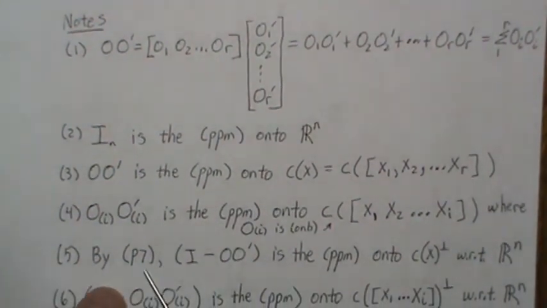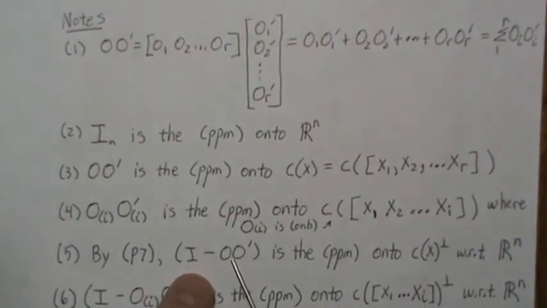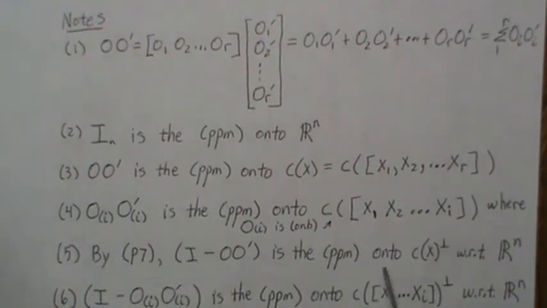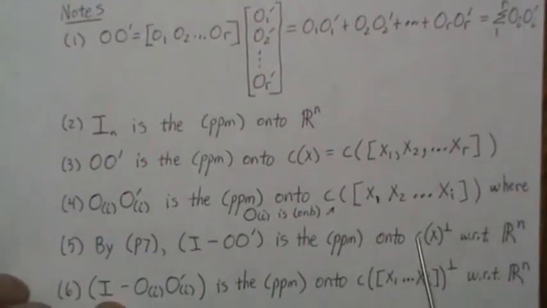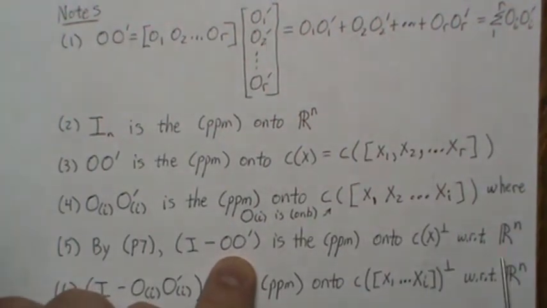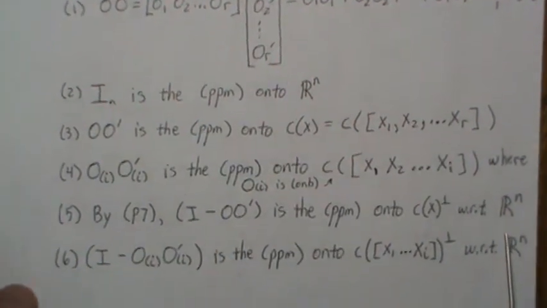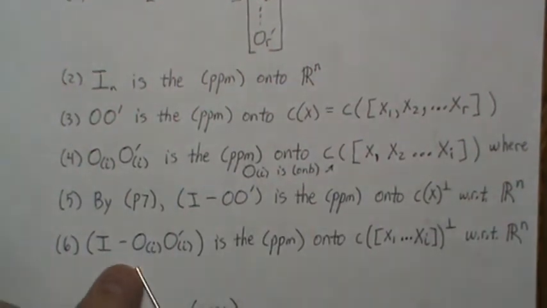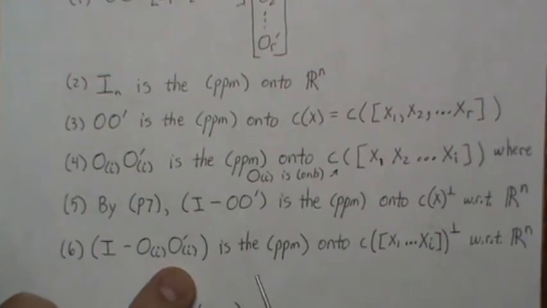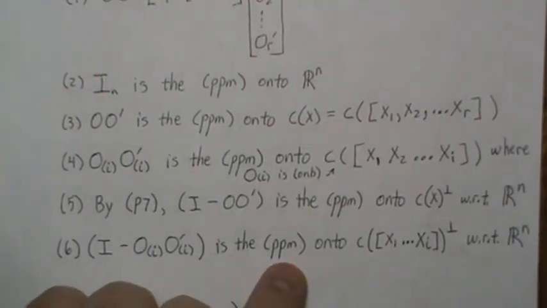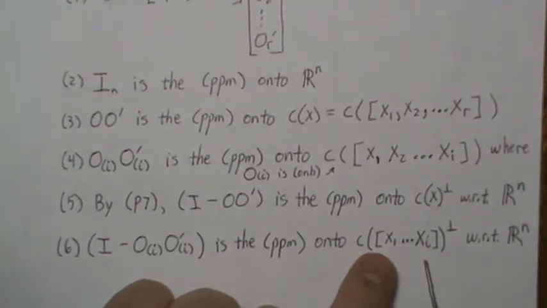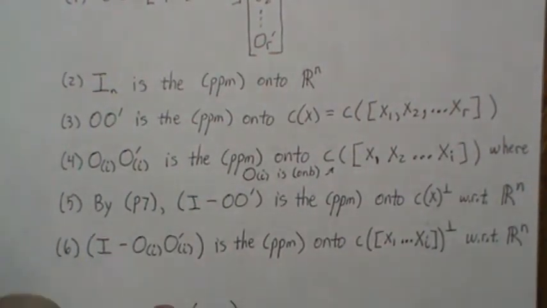Okay, so by P7, we know that I minus O transpose is a perpendicular projection matrix onto the orthogonal complement space of X with respect to R^n. And this O(i) O(i) transpose is a perpendicular projection matrix onto this column space, or the orthogonal complement of this column space with respect to R^n.